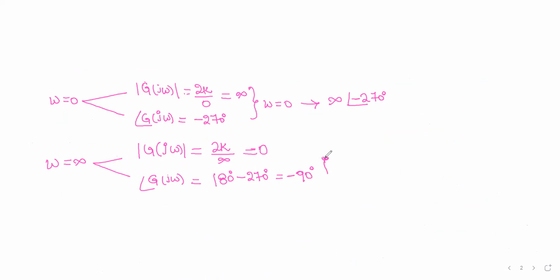Now let us combine these two equations. At omega equal to infinite, the magnitude value is 0 and the angle value is minus 90 degrees.